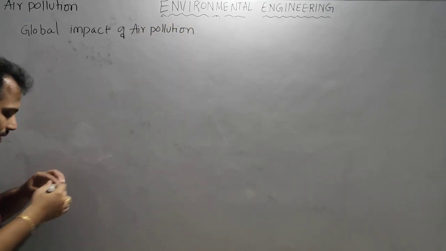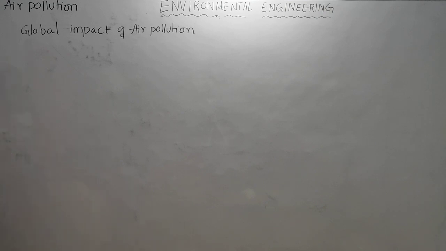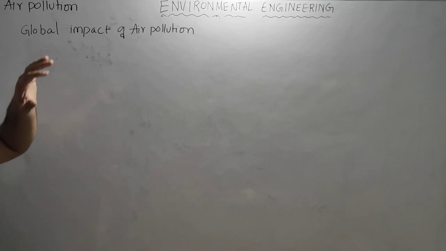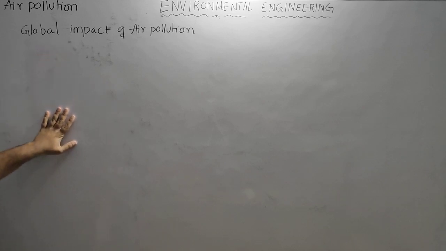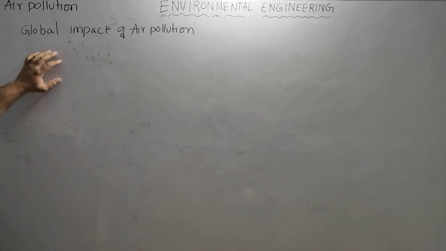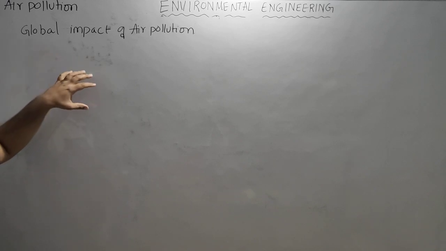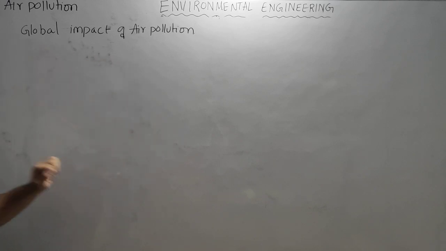Whenever we release any kind of pollutant, that pollutant will be present inside the environment which surrounds the earth, and this environment has a structure. This environment is nothing but the atmosphere. First of all, let us see the composition and the structure of the atmosphere.